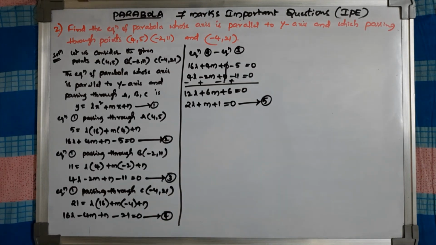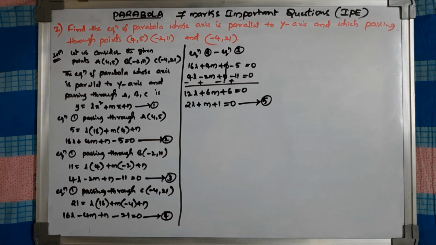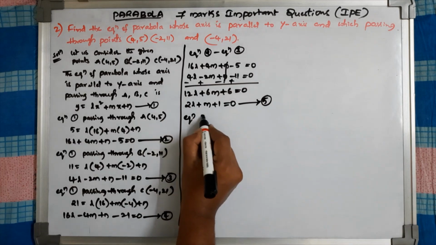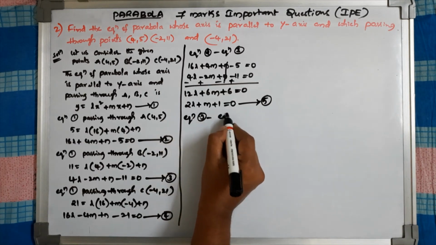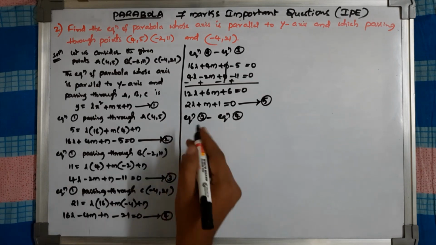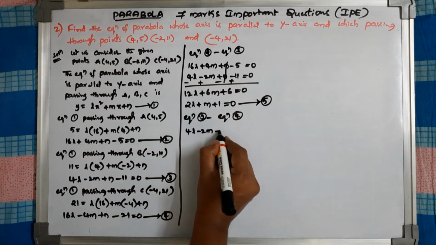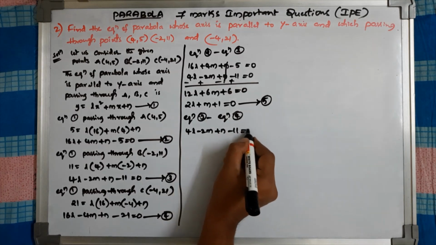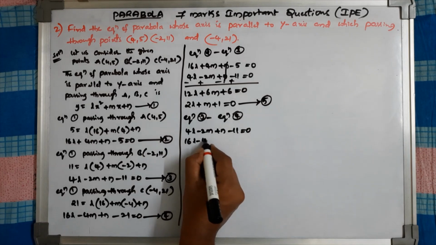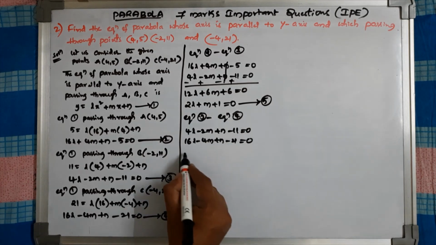Now you are going to do equation 3 minus equation 4. 4L - 2M + N - 11 = 0 and 16L - 4M + N - 21 = 0.